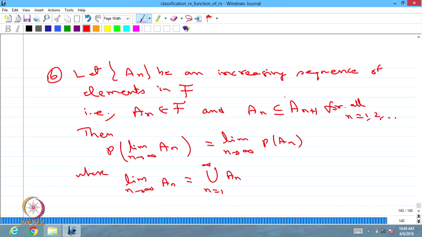Similarly, one can go for sequence of elements which are decreasing.